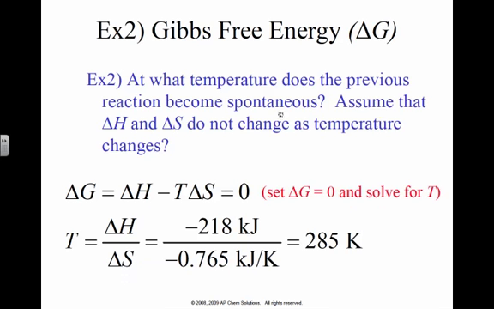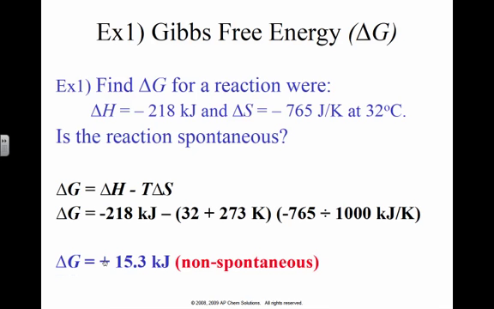So the question is, at what temperature does this reaction take place? What temperature does it become spontaneous? Well, if it's positive here, and spontaneous is when delta G is negative, it has to pass through 0. If I'm going from a positive number to a negative number, it has to pass through 0.